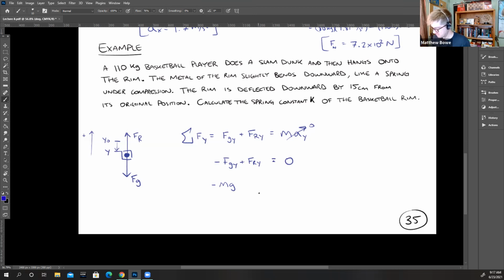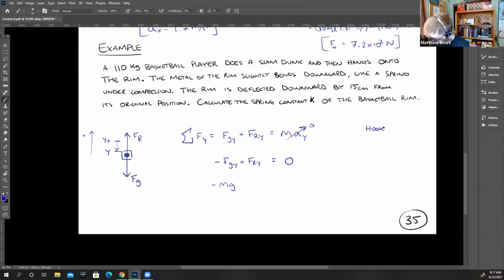And let's look at how this thing is behaving like a spring. It is moving this direction. It's moving down, so it has a negative y. It's going final minus initial, so it will have a negative y value for that Hooke's law equation.